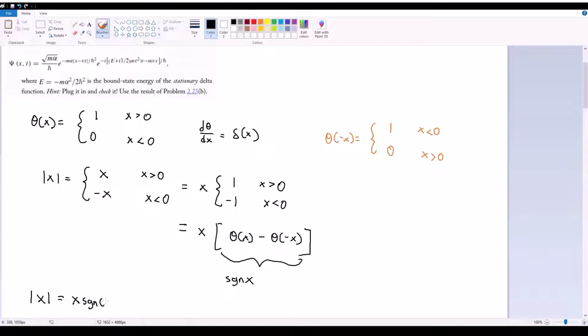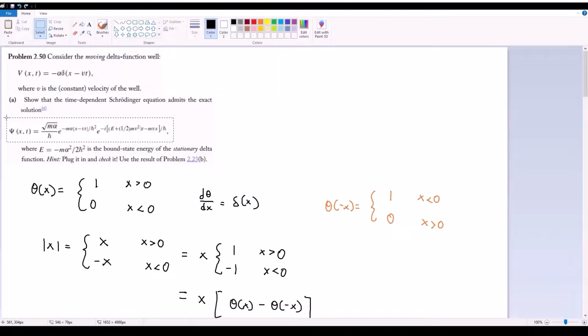And from here, we can plug this in to the Schrodinger equation and actually start getting valid solutions. Okay, so now with the knowledge that the absolute value of any expression can be expressed as that expression multiplied by signum function of that expression, we can take this wave function and start rewriting it in terms of this.